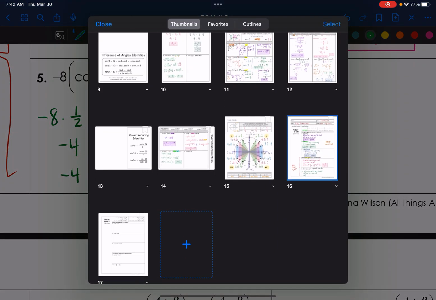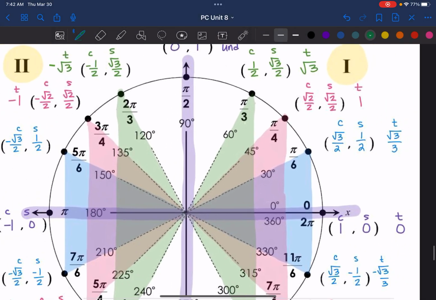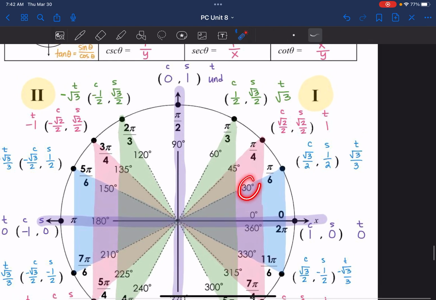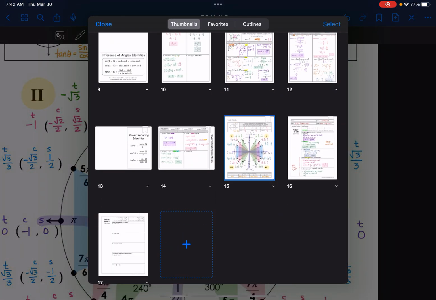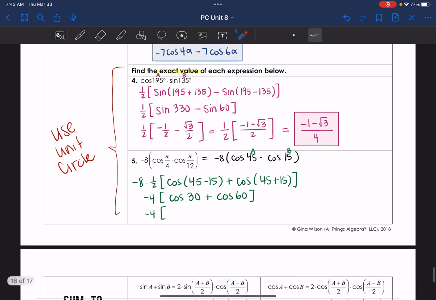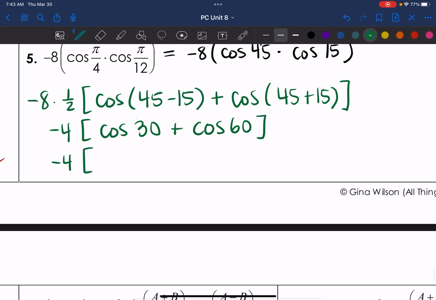So unit circle. Here's 30 and here's 60. And we want the cosine. So square root of 3 over 2 and 1/2.